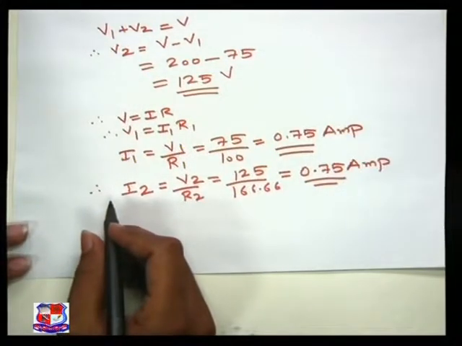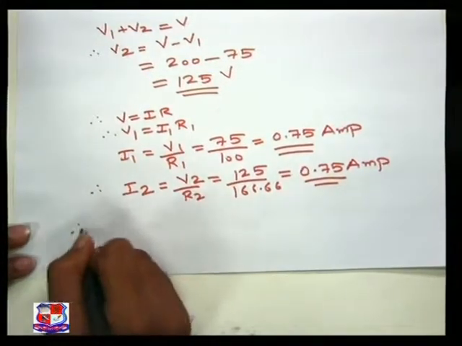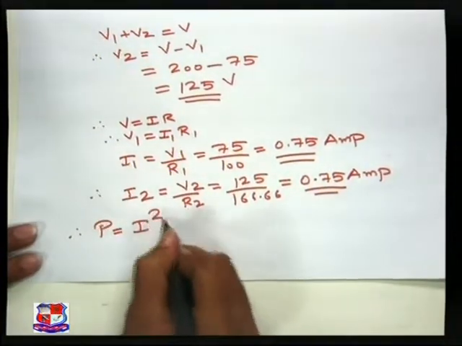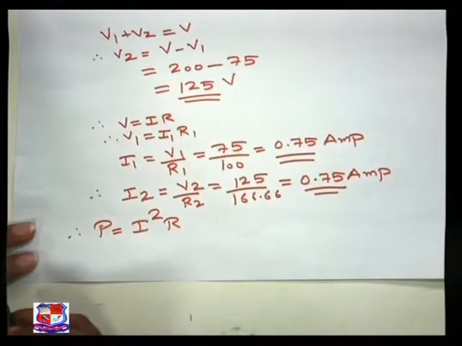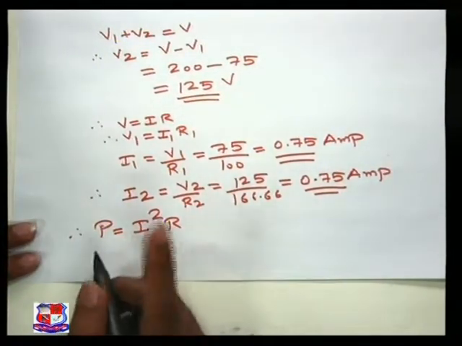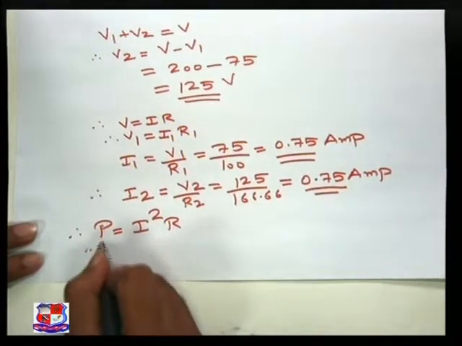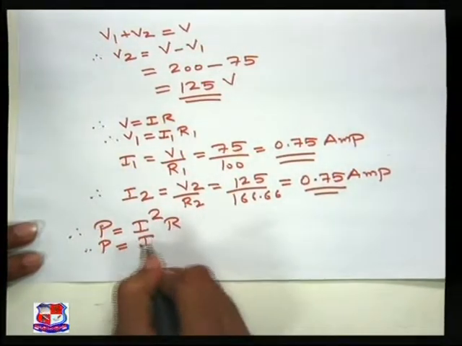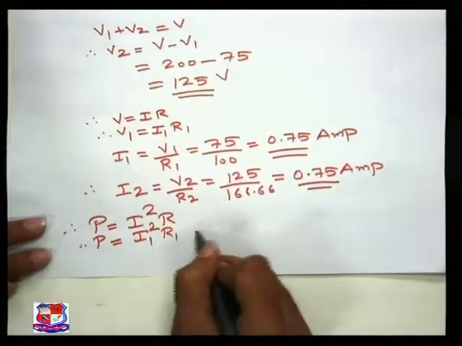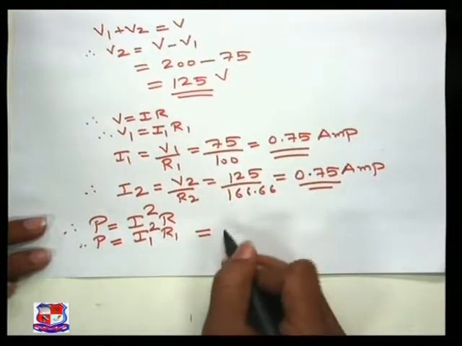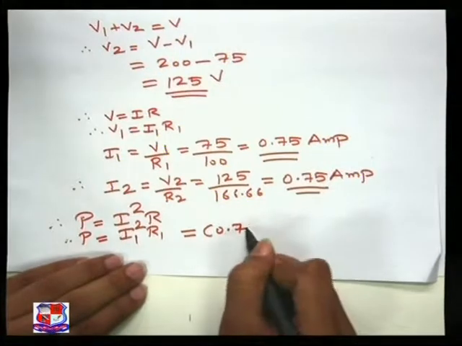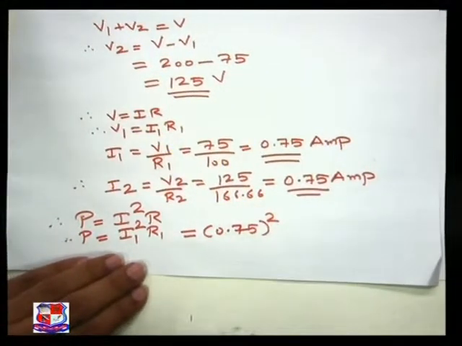Next what we have to find is the power consumed by each lamp. We have an equation of power in terms of current and resistance, that is P equal to I square R. For the first lamp, P equal to I1 square into R1. I1 we have calculated, that is 0.75 whole square into R1.